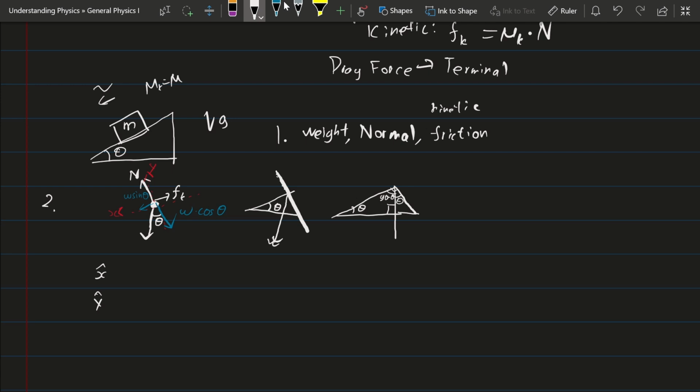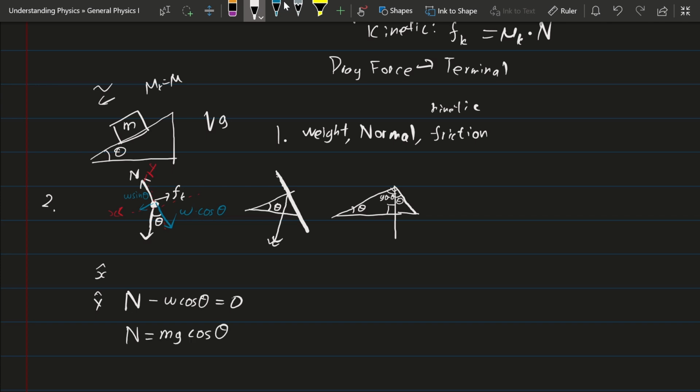We figure out that the normal force subtracted by the weight times cosine theta must equal 0, because it is not changing speed in this y direction. We know weight to be m times g, so therefore the magnitude of the normal force will be mg cosine theta.